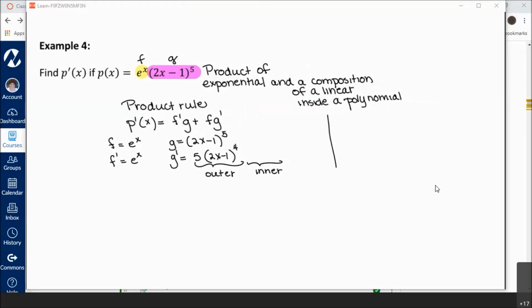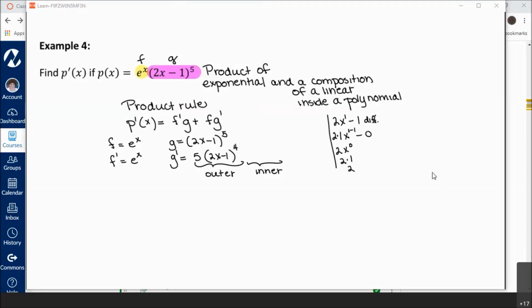Okay, and the derivative of 2x minus 1, that's 2x to the first minus 1. I want to differentiate that. 2 times 1, drop the exponent by 1. The constant gives me nothing.